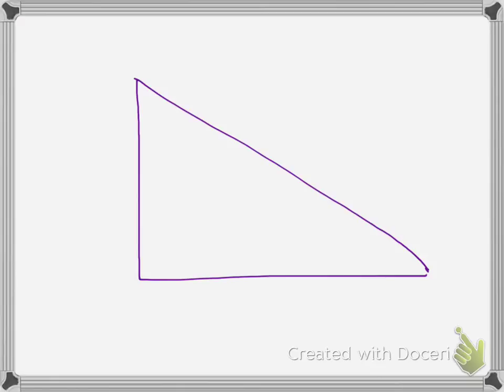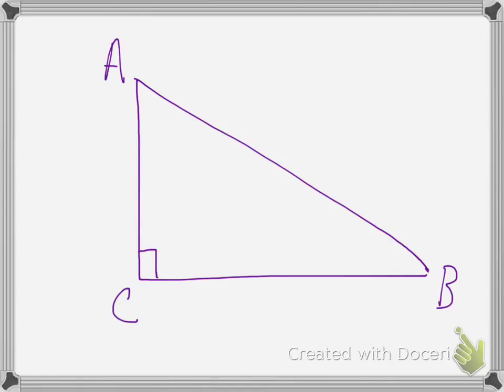Okay, so the Pythagorean theorem is based on right triangles, and so I've drawn one here, and here is the right triangle in my diagram. Here's the right angle of this right triangle. So let's label our triangle A, B, C by the vertices.